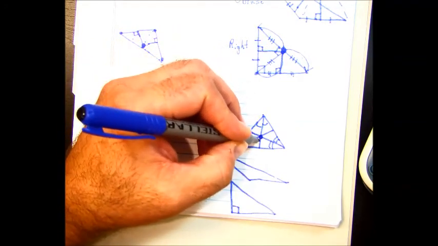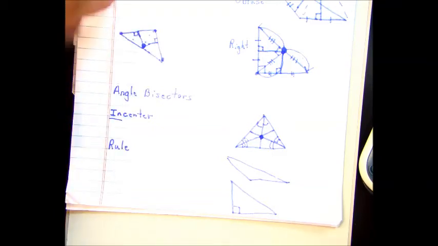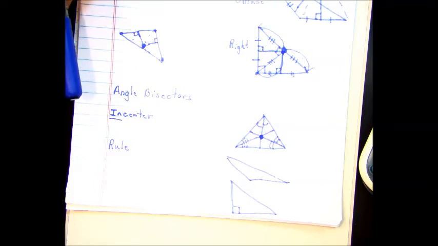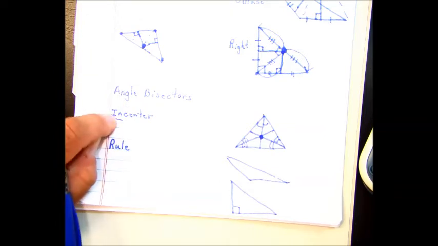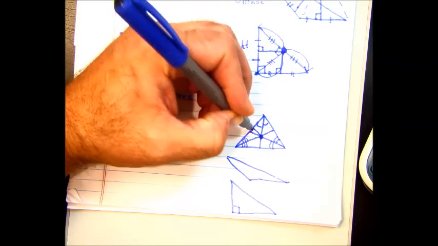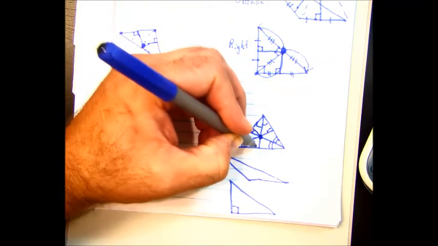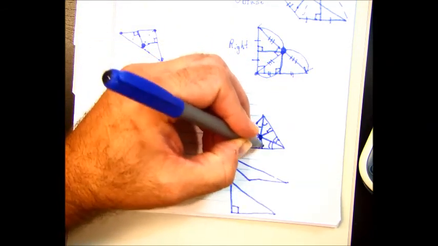The perpendicular distance, now notice the difference, the perpendicular distance, whereas with a perpendicular bisector, it's just the distance is equal to the angles. In angle bisectors, it's the perpendicular distance is equal to the sides. That means starting here and going at a right angle, this one happens to be a right angle, and this one is pretty close.